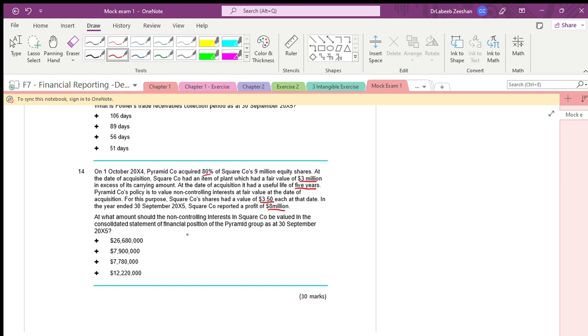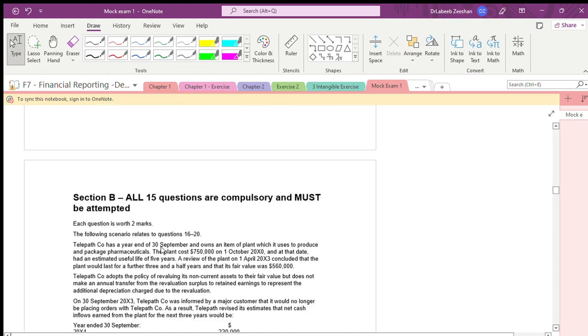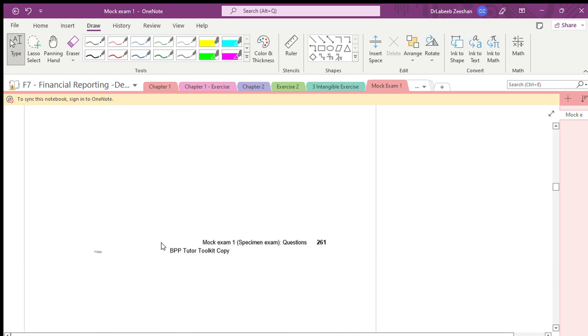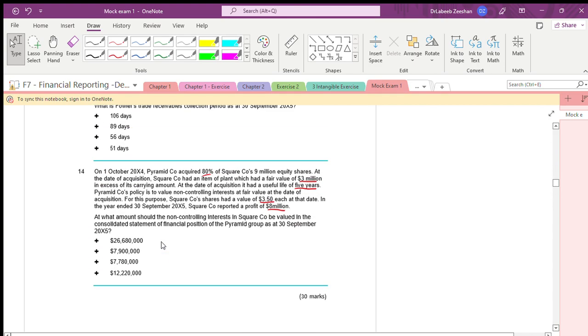Is it right? Square reported a profit of 8 million. What they are asking us is what amount NCI in Square Limited will be shown in the statement of financial position.